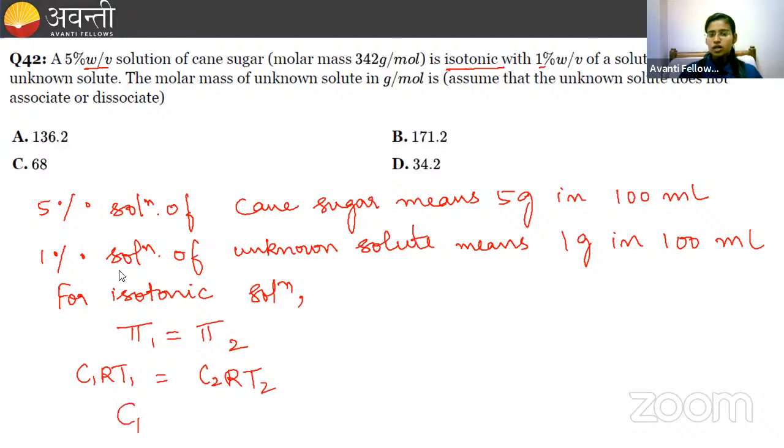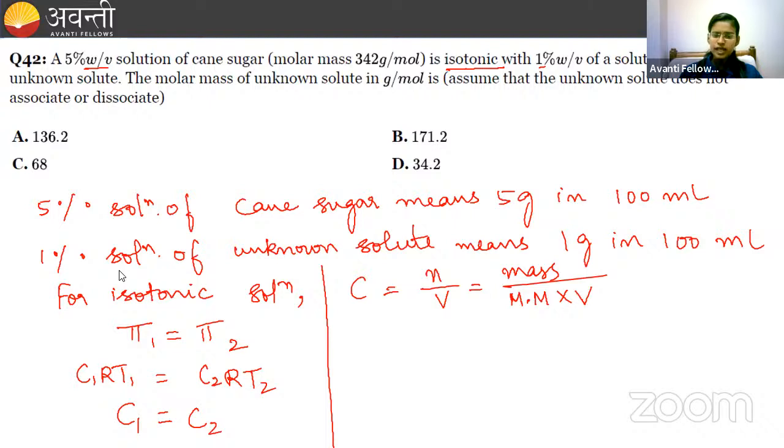So we are left with C1, which is going to be equal to C2, where C is the concentration. And also we know that concentration is equal to number of moles by volume, where the number of moles is equal to given mass divided by molar mass, and we have volume here. So what I can do, I can substitute everything here. Which is actually n by V, that is m1 divided by M1 into V, which is equal to m2 divided by M2 into V.